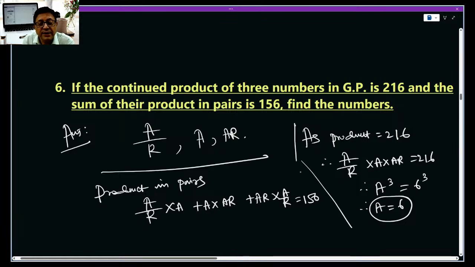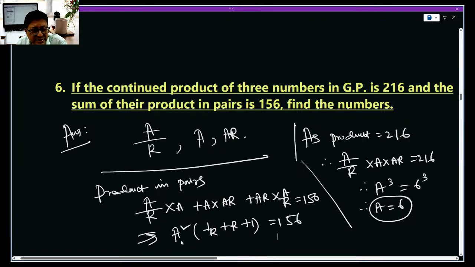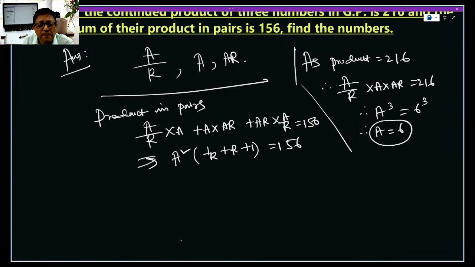It is given, and you know the value of A. You take A square common, 1 by R plus 1 plus R, 156, isn't it?